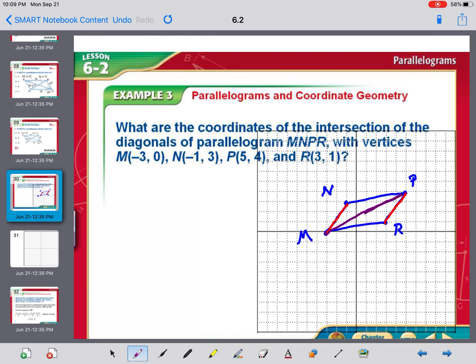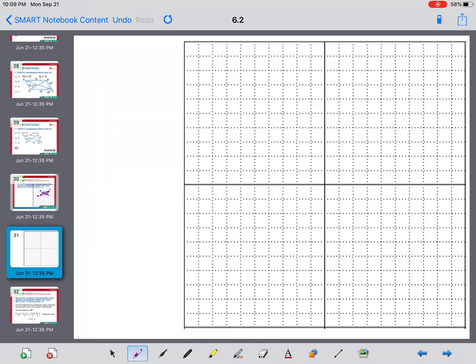If you draw a diagonal here, and you draw a diagonal here, where do they cross? Where do they intersect? What are the coordinates of the intersection of the diagonals?